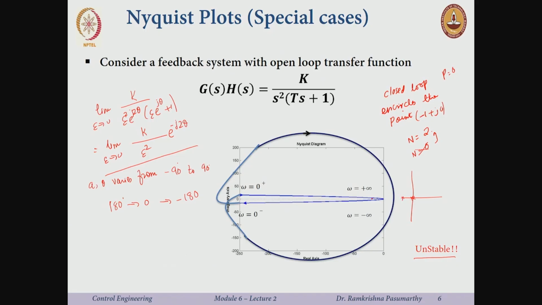So, for all values of k greater than 0, my root locus would look something like this, and for some non-zero value of k, my poles will always be here, and these are the 2 unstable poles which is also captured by the Nyquist plot, and therefore the closed loop system here is unstable.